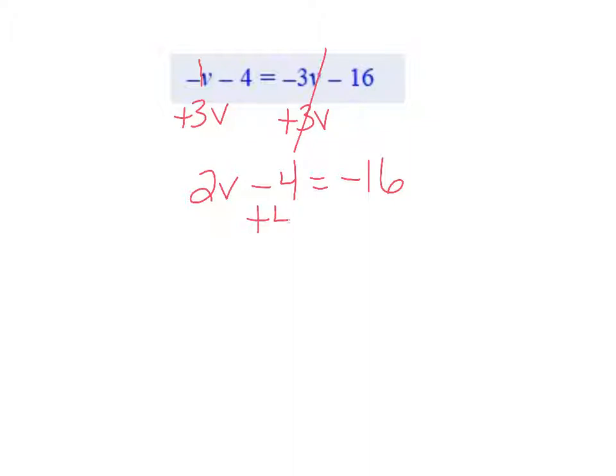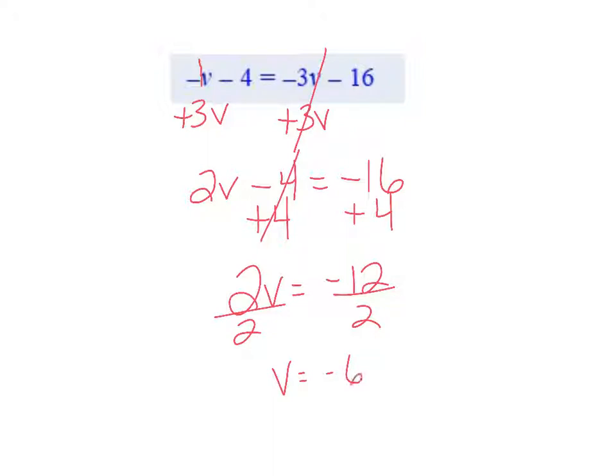I'm going to take this minus 4 and add 4 on both sides. Then I have 2v equals negative 12 when I combine it, divide by 2, and v is negative 6. So that's your first type, very basic, where you move the variables one way, numbers the other way. All right, let's try another one.